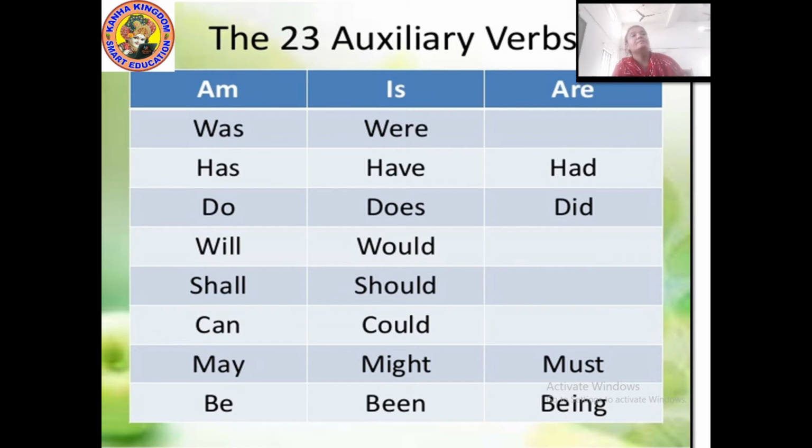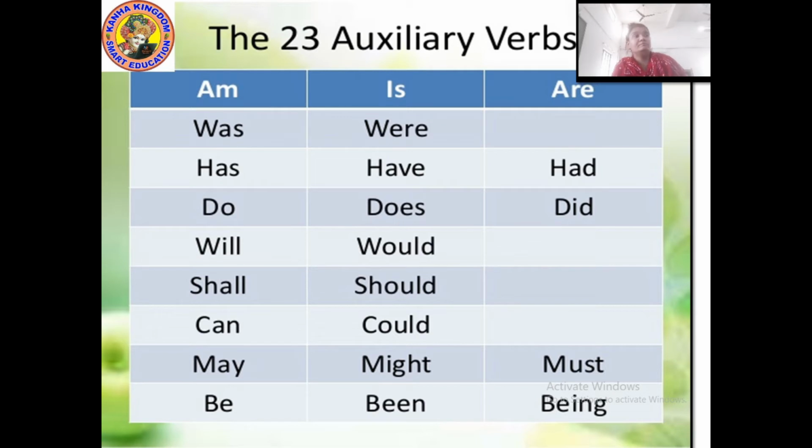Fine. Start. Make a table with 3 columns and 10 rows. Okay, have you done? Fine.